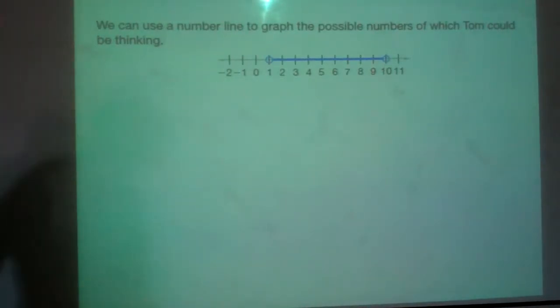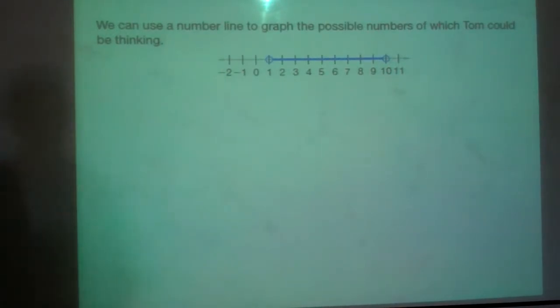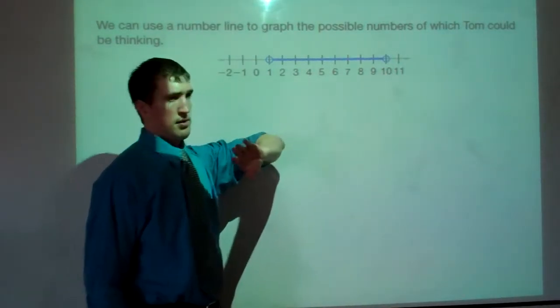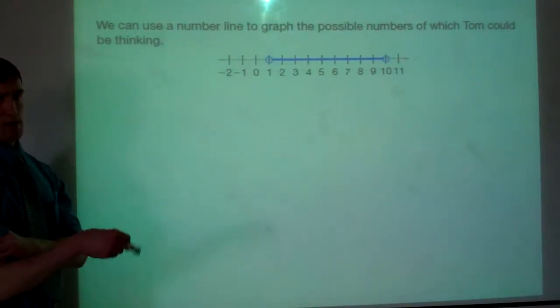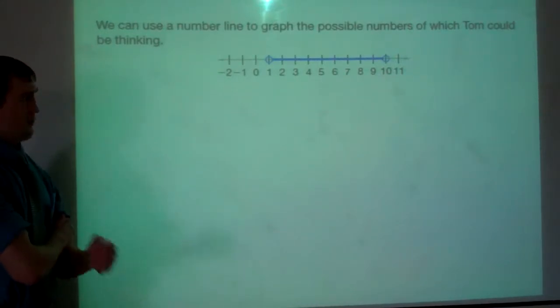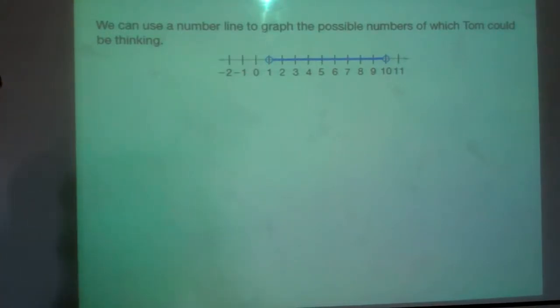Alright, so here's what it would look like on a number line if we were to graph it. We're looking at all the possible numbers between 1 and 10. We have an open circle on 1 and an open circle on 10. Okay, so two open circles, that means we're not including 1 and 10 in our graph. If we were including them, they'd be filled in, and I'll show you what that looks like in a second.